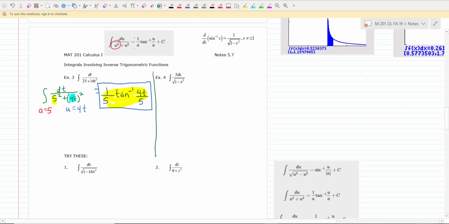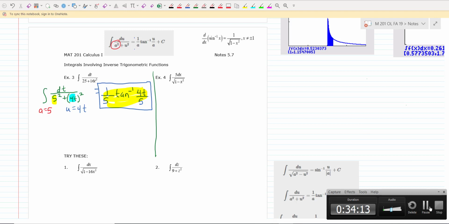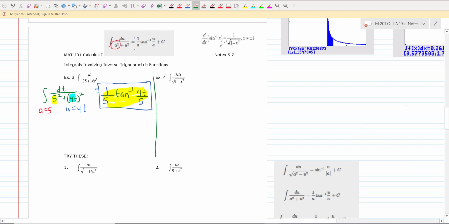All right, let's move to this next one. You can pretty easily tell that it's just backwards of the derivative formula right here. 5 is a constant, so you could simply remove the constant. And you could write it this way if you want to. I'm just doing this because it may be a little easier. So, hey, there it is.